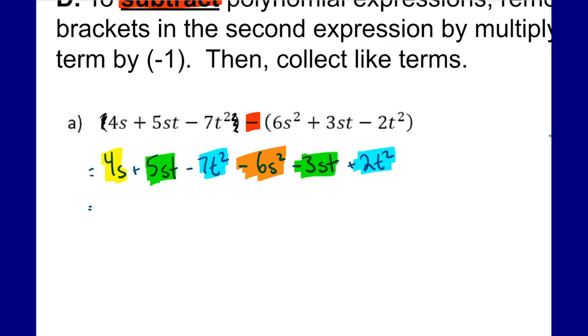Now that we have that, we can collect our like terms. So we have 4s, there's no other term to add, plus 5st minus 3st. Because there are two variables, it doesn't really change what we do. We're still adding the coefficients. So 5 minus 3 is 2st.